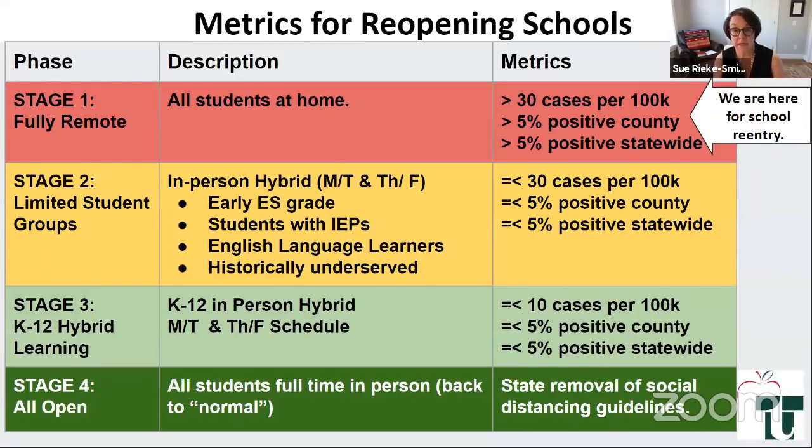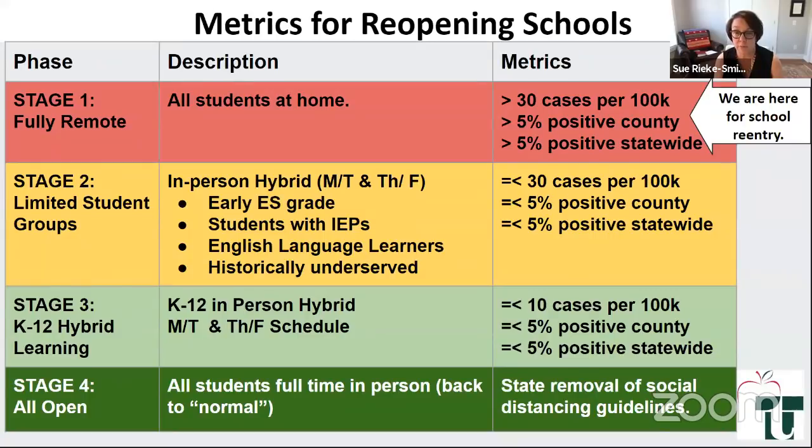This means that the case rate and the test positivity rate in our county, Washington County, as well as Clackamas County, where we have a school, Bridgeport, as well as Multnomah County, where 25% or more of our staff reside, we have to take a look at the metrics for all three of those counties to determine whether we are in a position to offer on-site instruction in our buildings.